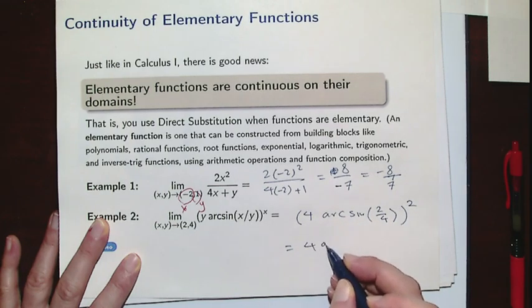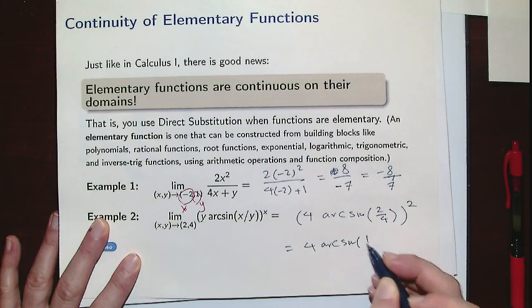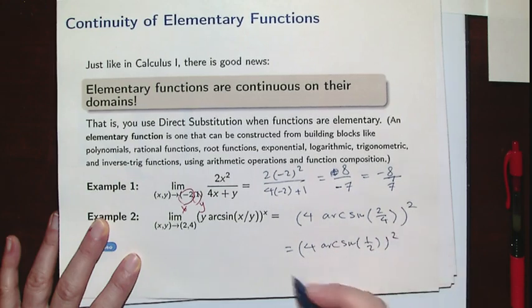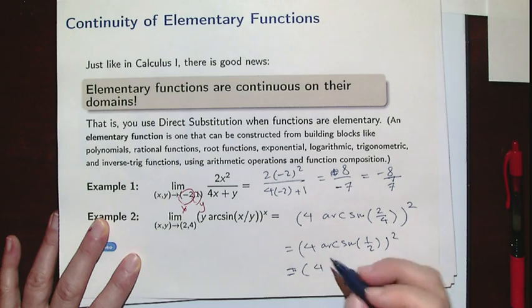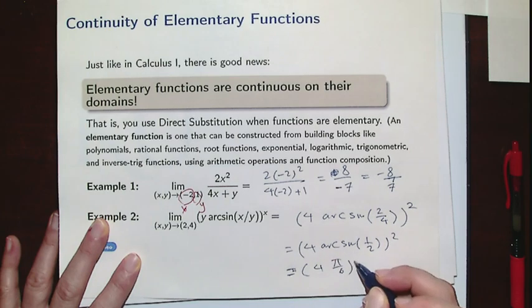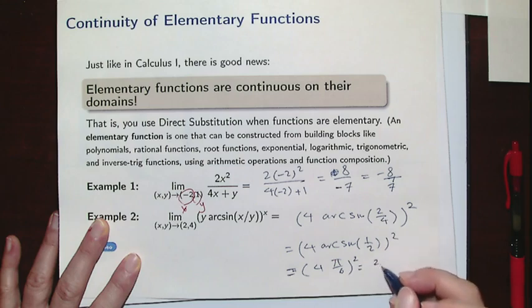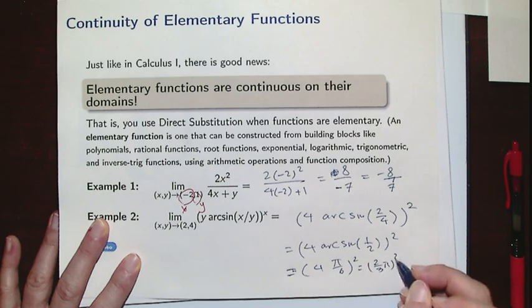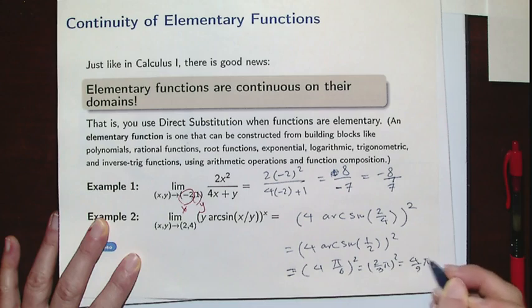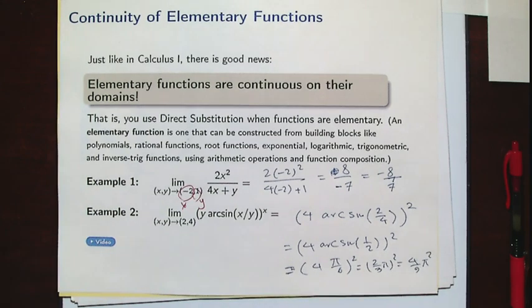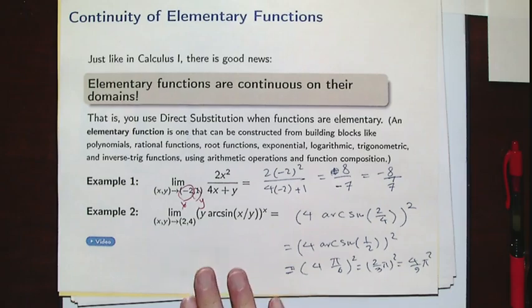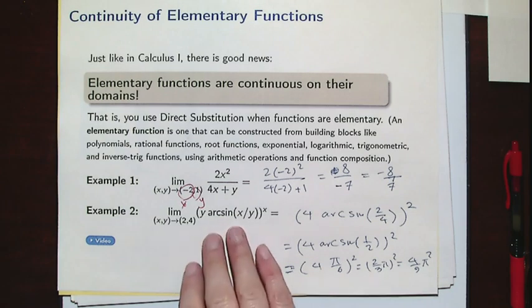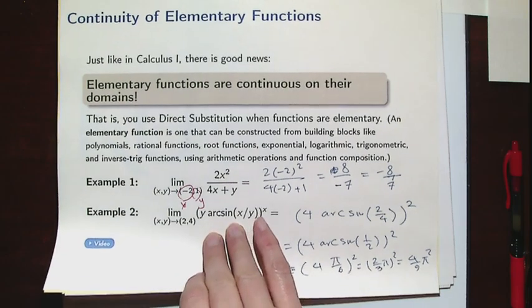So I get 4 arc sine of 1/2 to power 2. Arc sine of 1/2 is what? Pi over 6. And then you simplify: 2/3 of pi to power 2, 4/9 of pi squared. So elementary functions are easy. What do you do? Just plug in, right? You plug in.